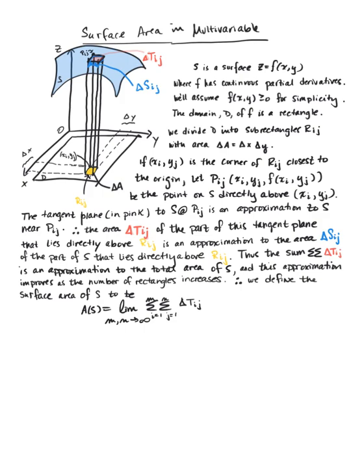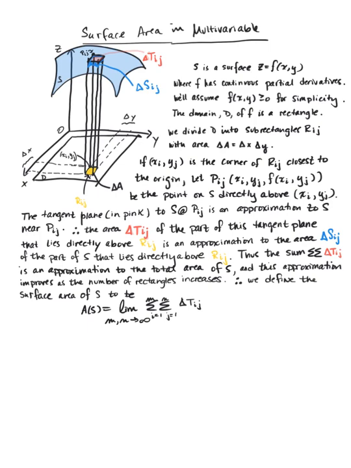If (x sub i, y sub j) is the corner of R sub ij closest to the origin, which you see that I labeled there, we're going to let P sub ij be the point directly above (x sub i, y sub j).